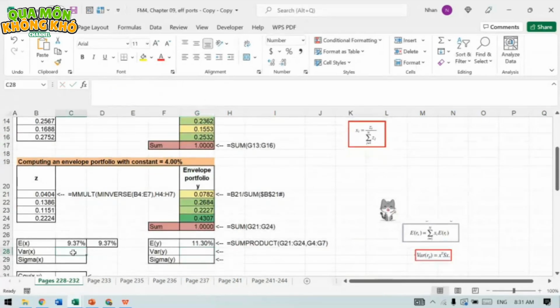And then the variance of portfolio X, you can see the formula here. I guess that you might be quite familiar with this one.